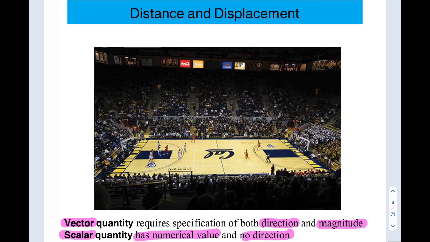But we do have a value for the distance traveled by the player, because distance disregards direction. Let's say 100 meters to the front and 100 meters backward. In total the distance is 200 meters. However, the displacement is 0, since it starts here and ends here.